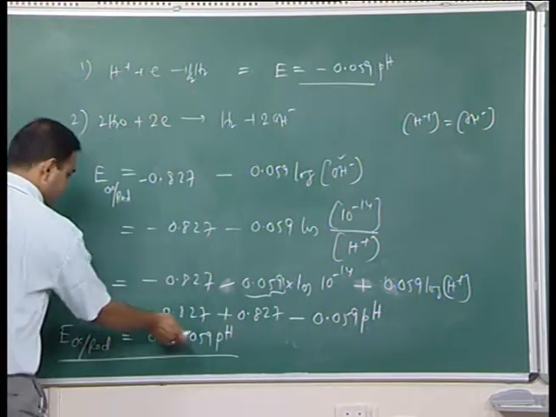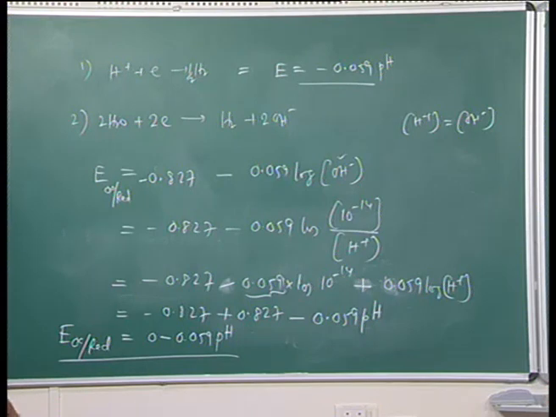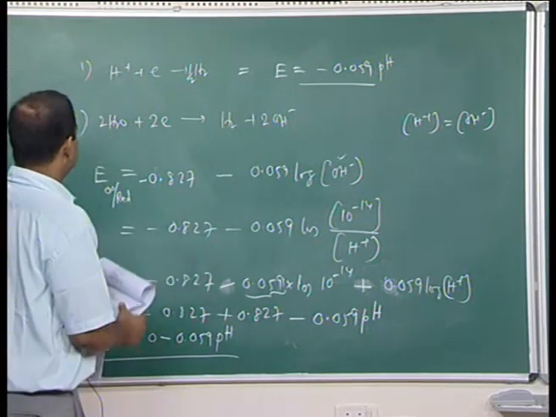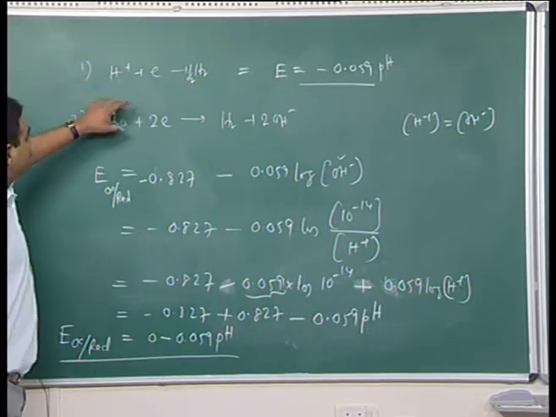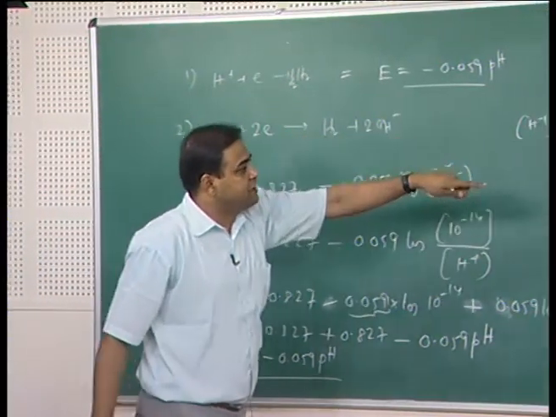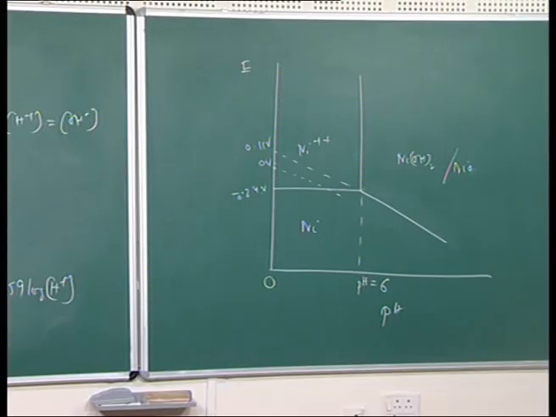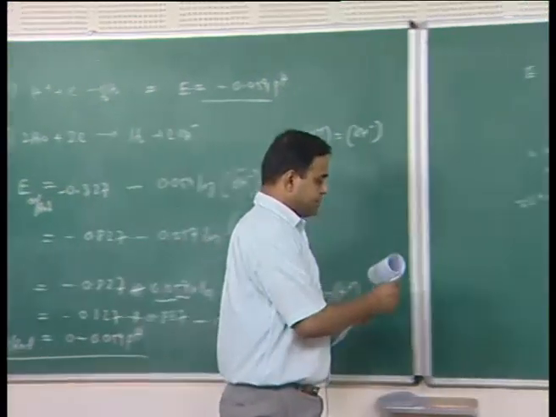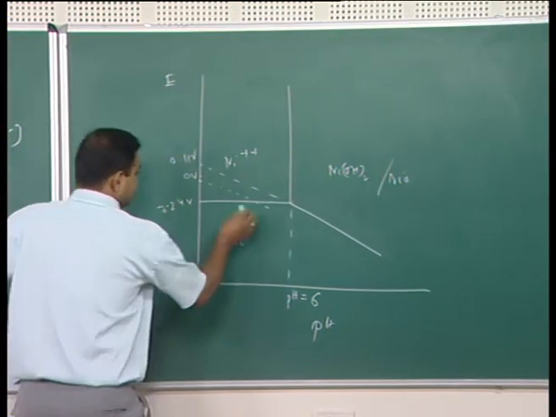So both the relations, the final relation, are the same. So that means practically these two lines, if you plot them from this equation on the E versus pH diagram, as well as this reaction, both should merge.